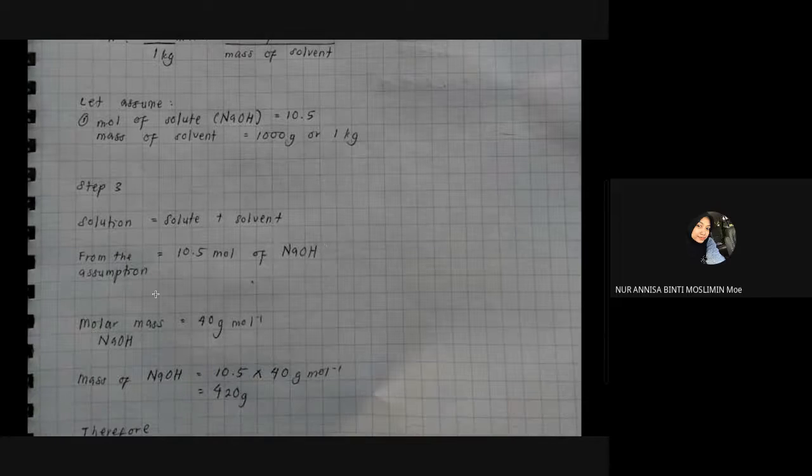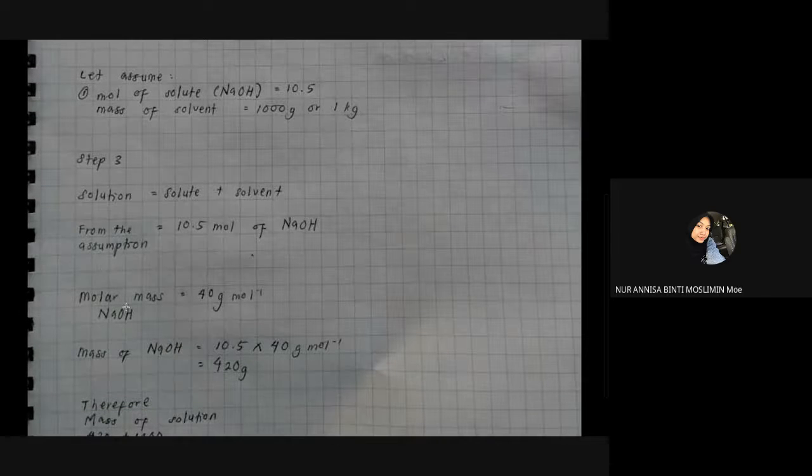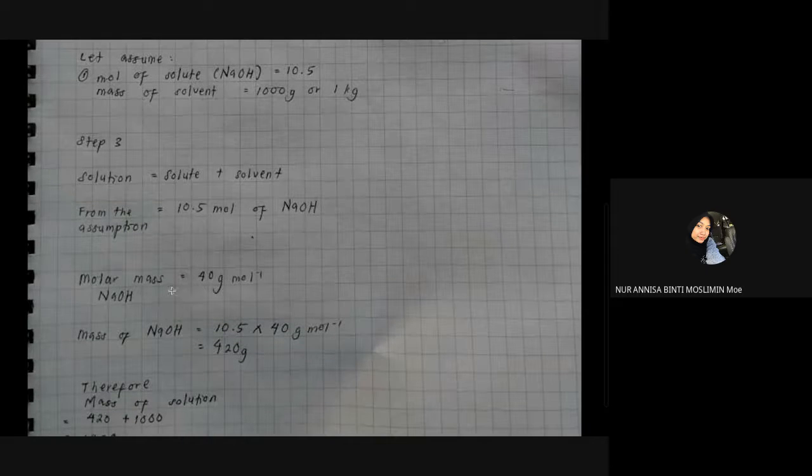From the assumption, we got 10.5 moles of NaOH. So we need to find the molar mass of NaOH, which is 23 plus 16 plus 1, equals 40 grams.